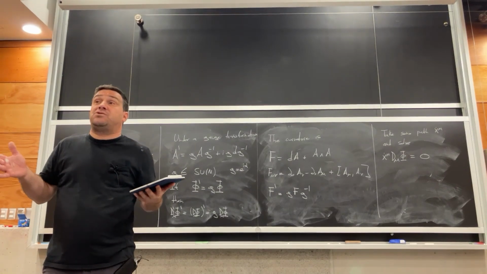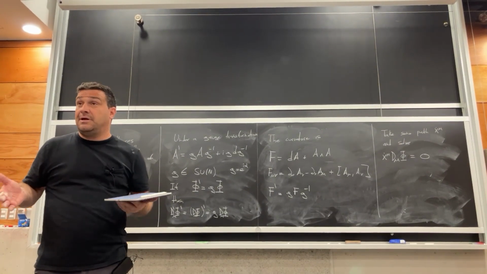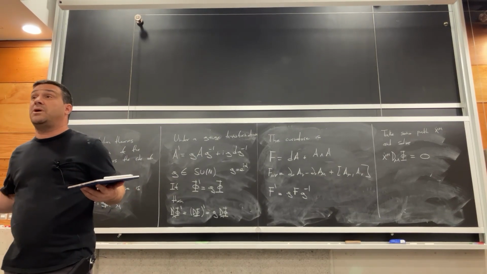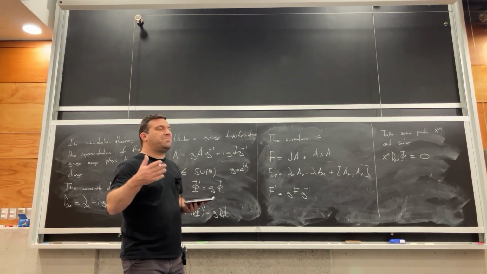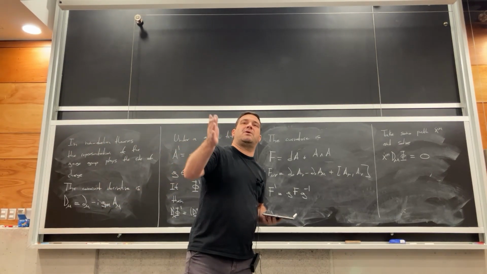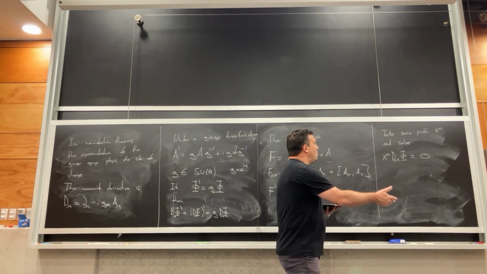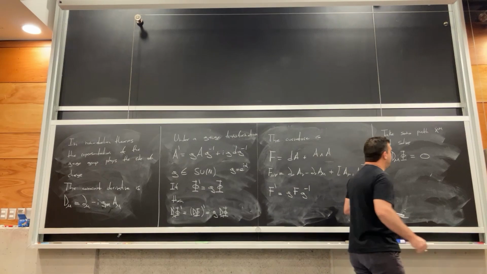This is if this was GR and phi was a vector and D was the covariant derivative with the Christoffel symbols, this would be the geodesic equation. I'm sorry, this would be the parallel transport equation of that vector. And then if phi was x dot mu, that would be the geodesic equation, right?